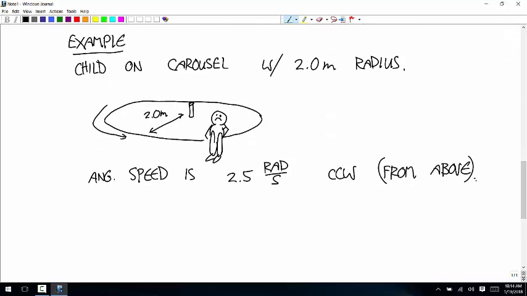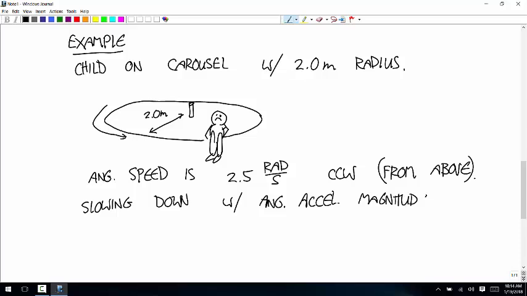And it's slowing down, with an angular acceleration magnitude of 9.5 radians per second squared.